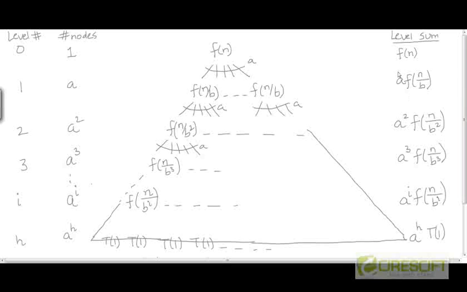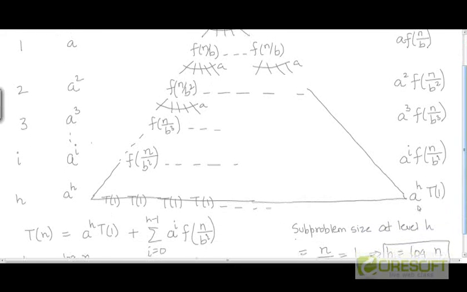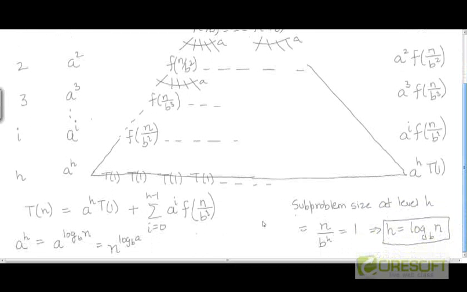When all these terms form a decreasing geometric series, then we saw that the asymptotic complexity of t of n was determined by the first term in the geometric series. And the first term here is f of n. The last term here is n to the power log of a base b multiplied by t of 1.